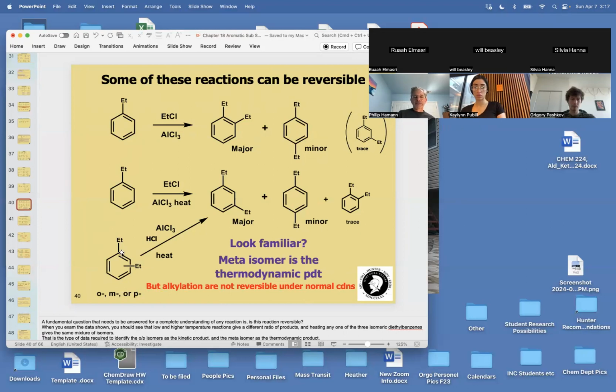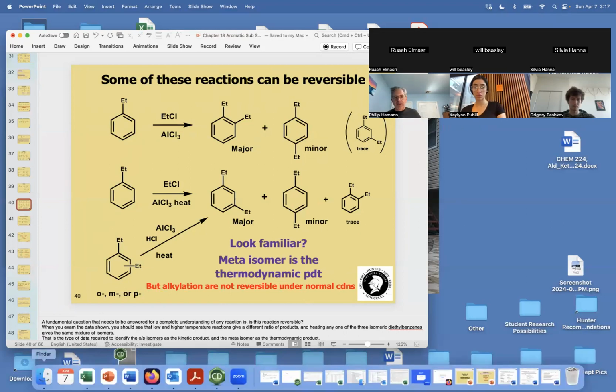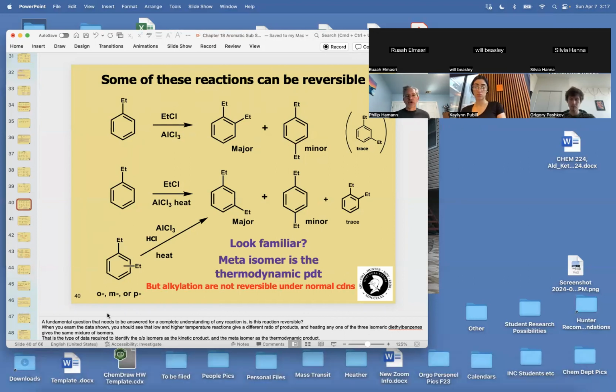So if you isolate the three pure diethyl benzenes and take each one in turn and treat them harshly, you get the same ratio of three compounds. And that is the strongest data you can have for saying that I got the thermodynamic product. The ratio is as far as I can push it. Okay?